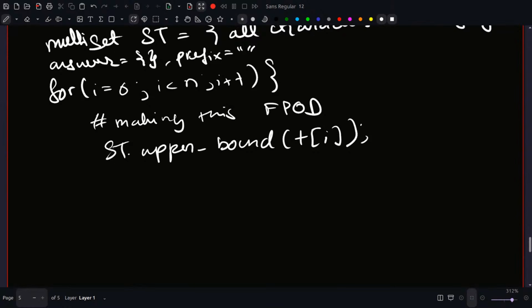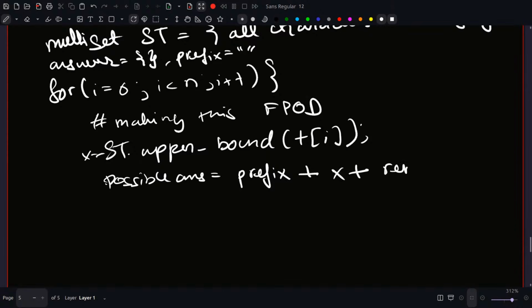So now we can have a possible answer. The possible answer is equal to this prefix so far of all the elements which are matching, plus this element which we have changed so that it is just greater, let's call it x, plus the remaining characters in sorted order.